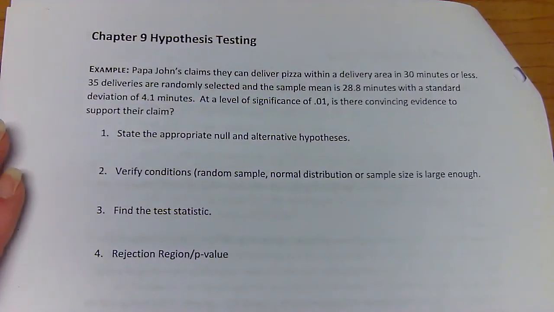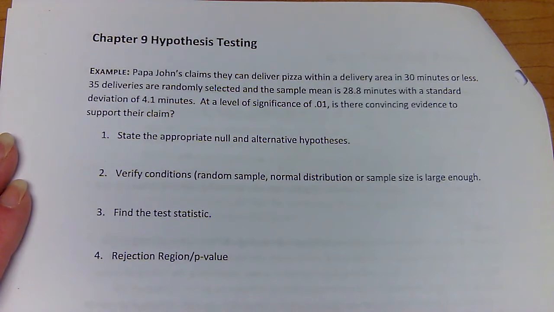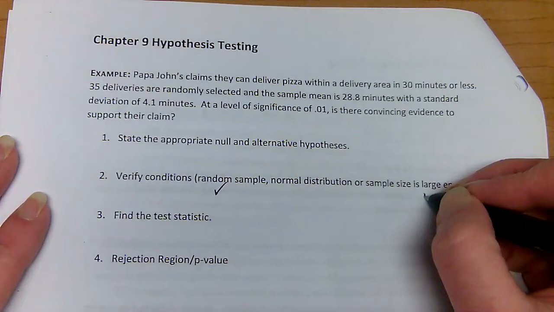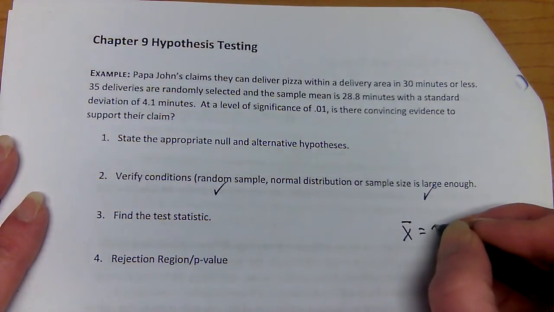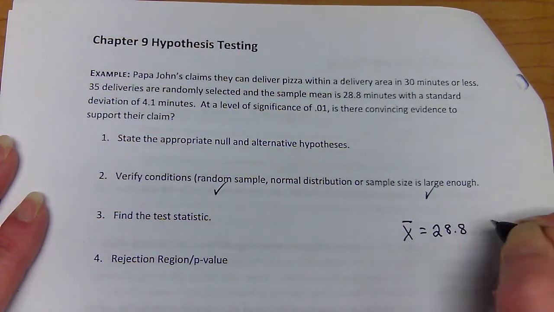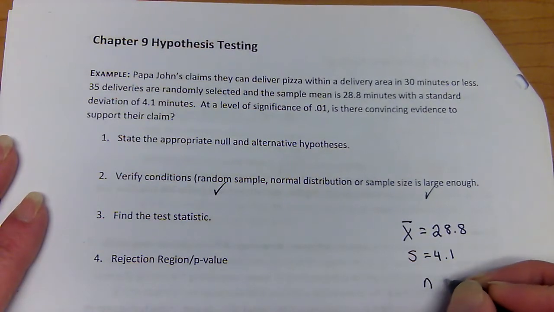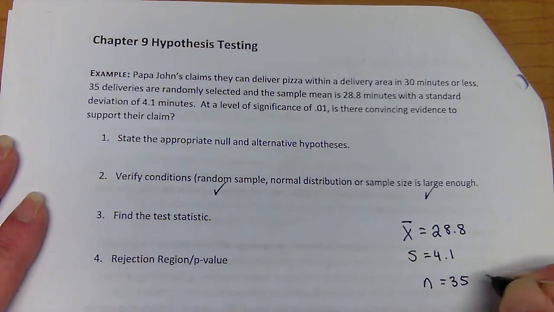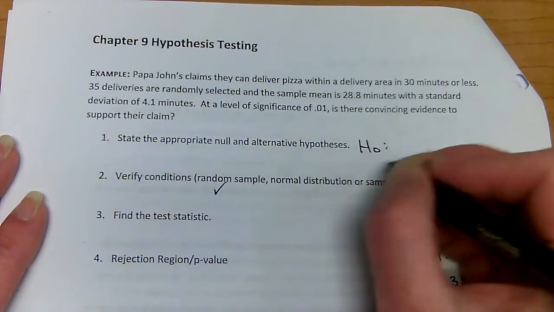I'll do one more example. Papa John's claims that they can deliver a pizza within a delivery area in 30 minutes or less. 35 deliveries are randomly selected. Cool. And a sample mean is 28.8 minutes with a standard deviation of 4.1. And there was 35 deliveries. What's my null and alternative hypothesis?